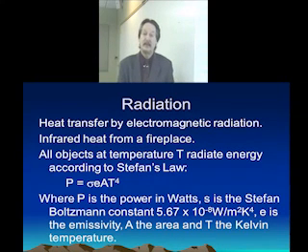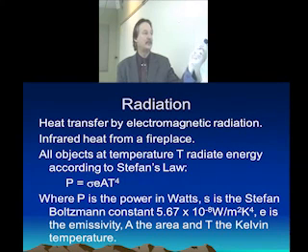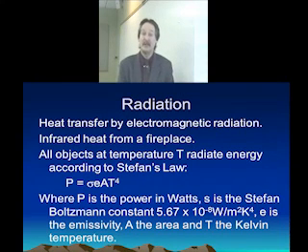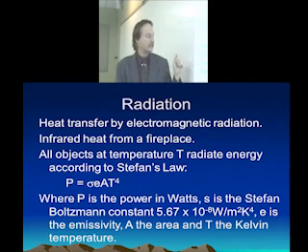So you can imagine that if we know the amount of radiation being received here on the Earth from a star or sun, then knowing the amount of power being received and knowing the area it's being received on, we can work backwards to determine the temperature of that object that is radiating that heat energy. So it's a very interesting expression.